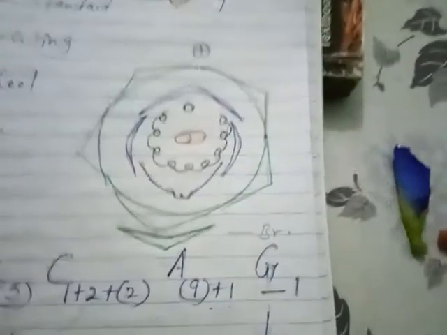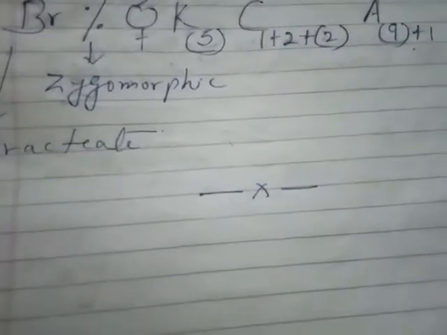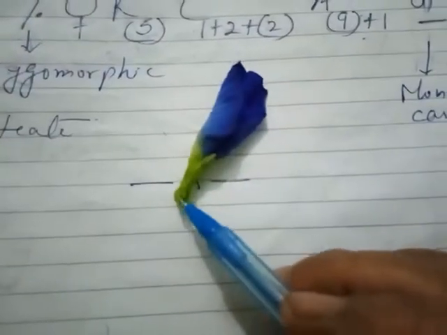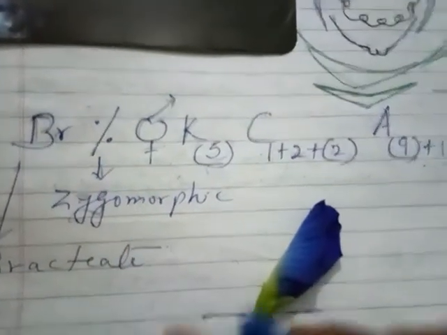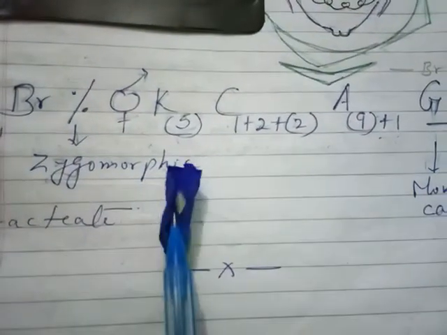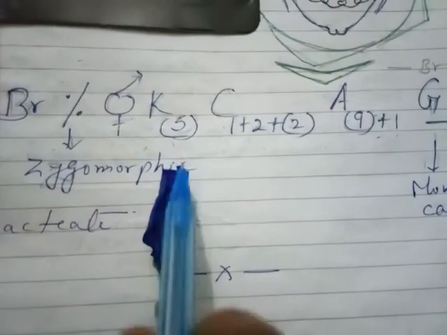Then its formula. Let us see the formula. The flower is bracteate, as we have seen bracts, reduced leaves, are present. Then it is zygomorphic, that is, it can be cut into 2 equal halves from only one vertical plane.